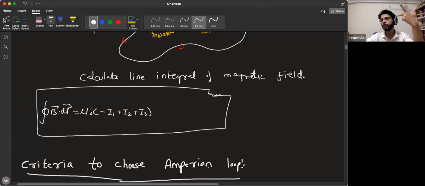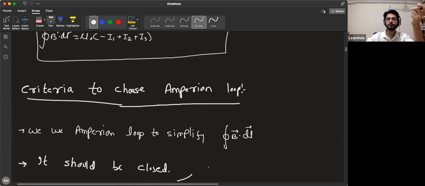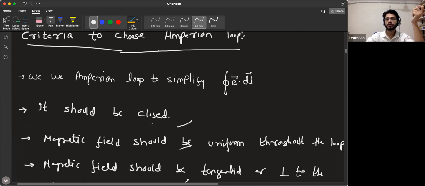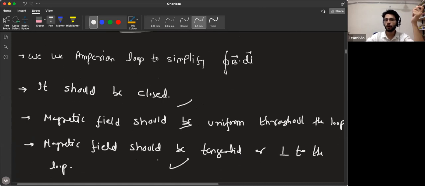Third, the magnetic field should be parallel or perpendicular. Tangential means angle theta is 0 degrees. Perpendicular means theta is 90 degrees.